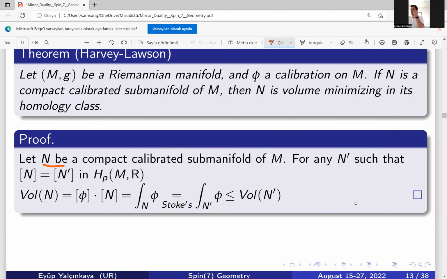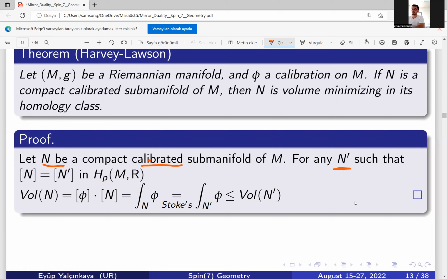Let's say we have N is a compact calibrated manifold. Calibrated means it's equal to 1 if you restrict to these spaces. And in the same homology class take the M prime such that N and M prime are equal in the P dimension.